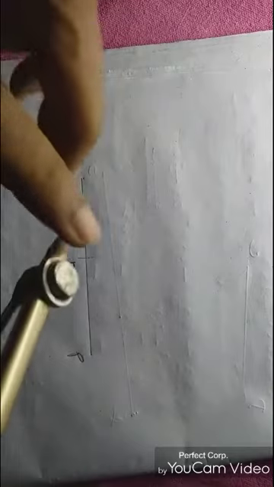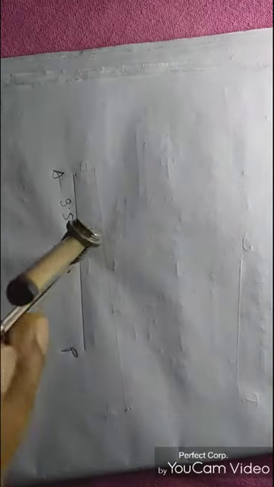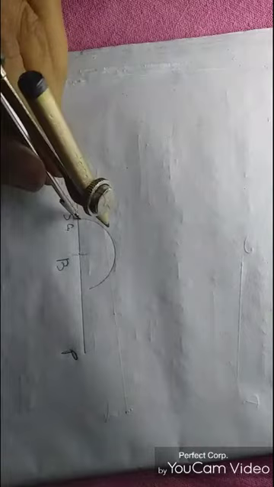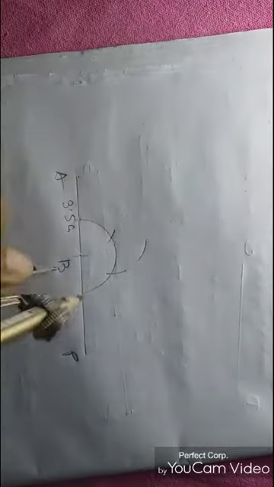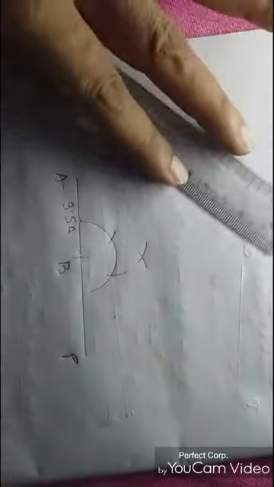Now we draw 120 degrees at point B, because angle ABC is given 120. Take any suitable arc and cut it from here. Once it gives you 60 degrees, another gives you 60 here. Bisecting the 60 gives 30 degrees, so the 90 degree is not required.